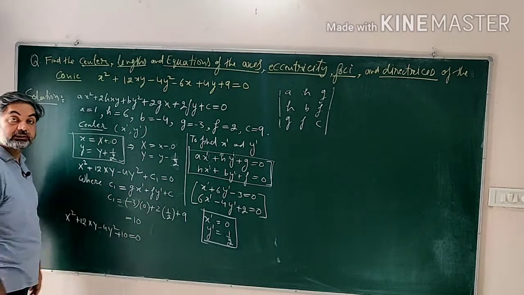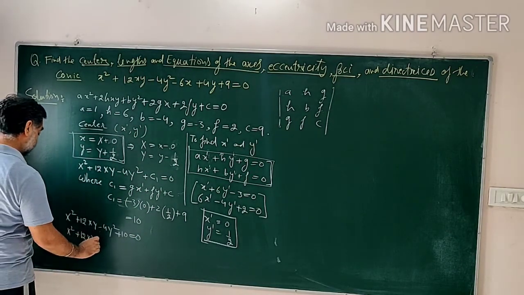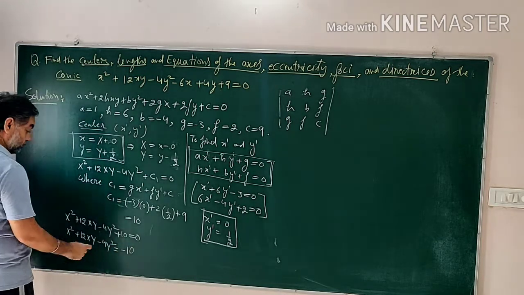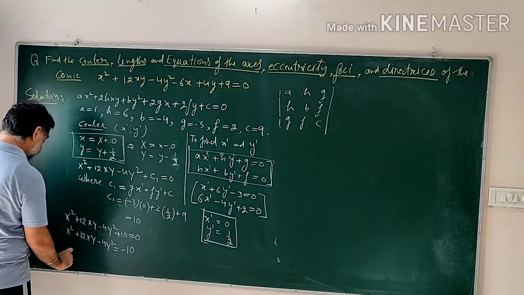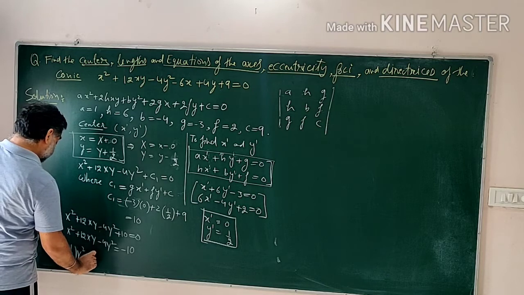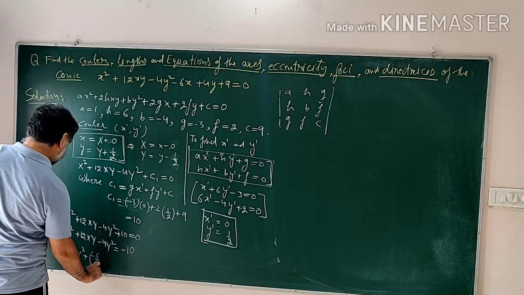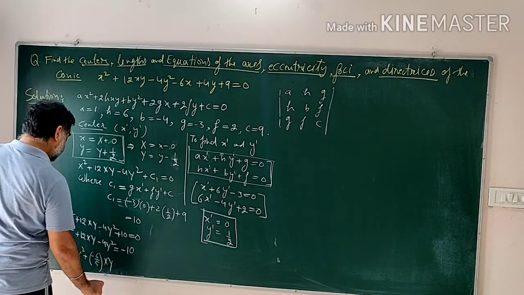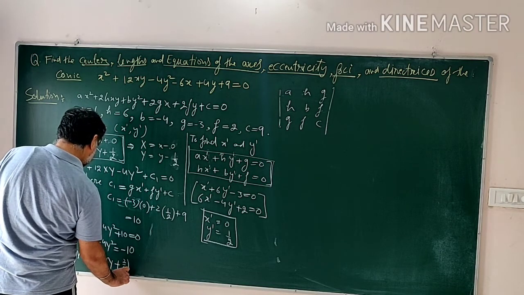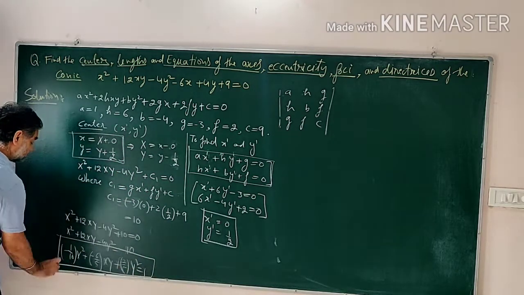You take 10 to the other side. So this becomes x square plus 12xy minus 4y square equal to minus 10. If you divide by minus 10 both sides, this is minus 1 over 10 x square plus minus 6 over 5 xy plus 2 over 5 y square is equal to 1.